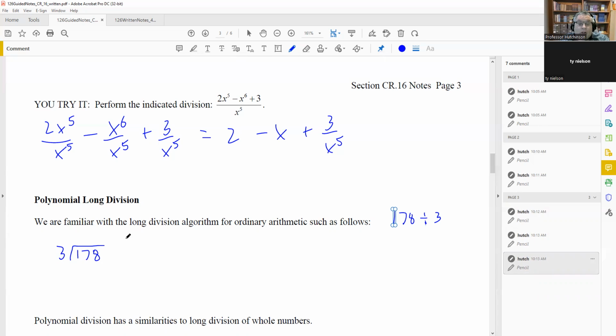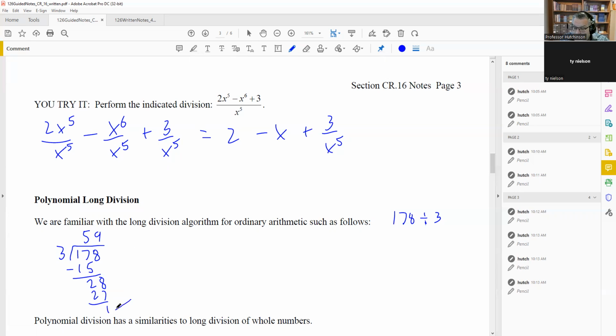Then what we would do with long division, just to review that, is if 3 goes into 17, 5 is the most you could do there, and that would be 15. We're going to subtract. We get a 2, bring down the 8, and 3 goes into 28 9 times, with 1 left over.